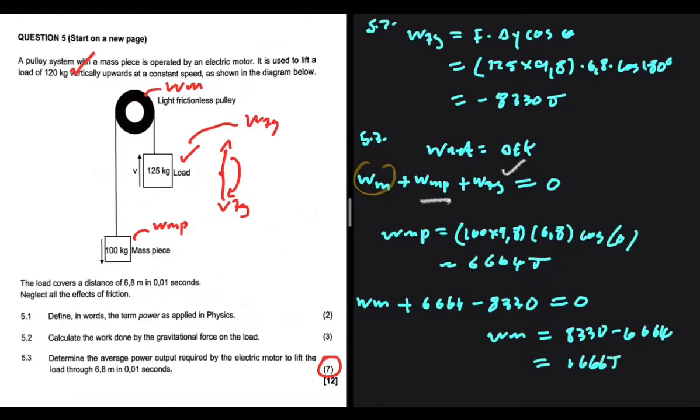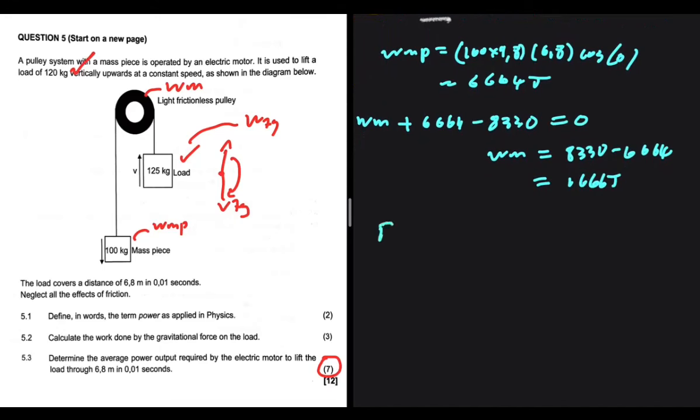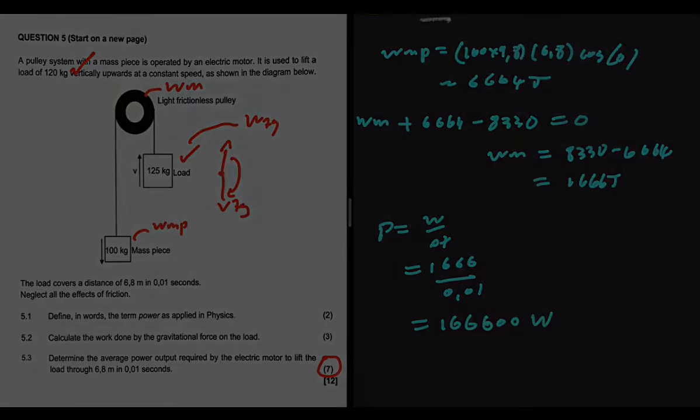This is the work done by the motor. But we're looking for the power. The power is the rate at which work is done. So we're just going to have 1,666 divided by the time, 0.01. We're going to have 166,600 watts.